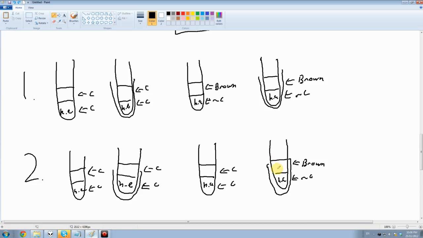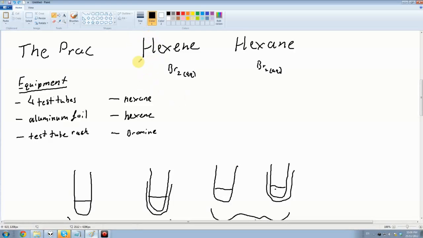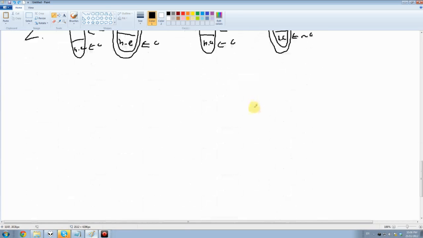Now, what can we draw from this? Basically, our aim was to determine between hexane and hexene, correct? So, we know that the ones we use are the ones with the foil, these two.